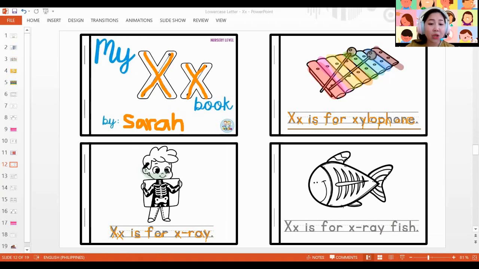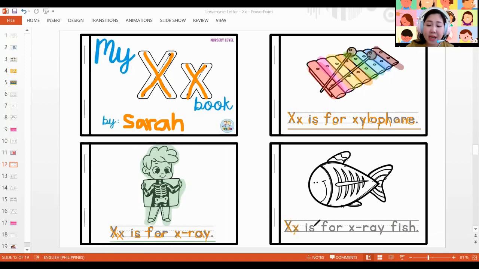So that the doctor will know if there is a problem or if you got an ouchie on your bones or if any of the bones got broken. That's why you need an X-ray. So let's read our sentence again. X is for X-ray.